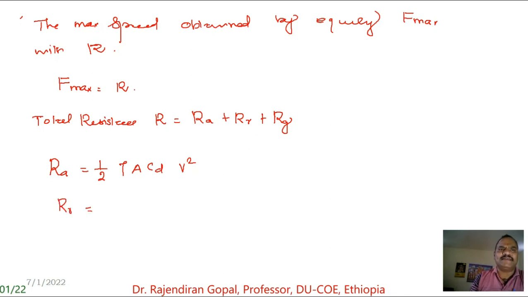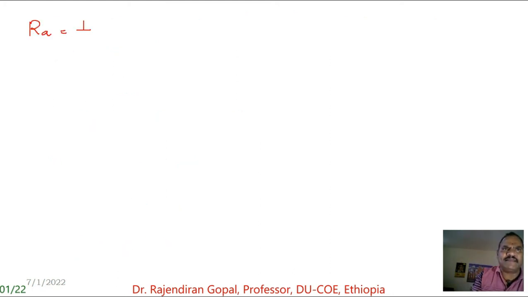Rolling resistance is equal to Fr multiplied by W. Then this gradient resistance Rg is equal to W sin theta. Aerodynamic resistance is equal to half rho A CD V square. Assume that density of air is equal to 1.27 kg per meter cube.